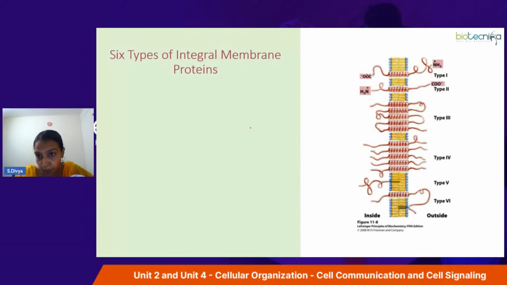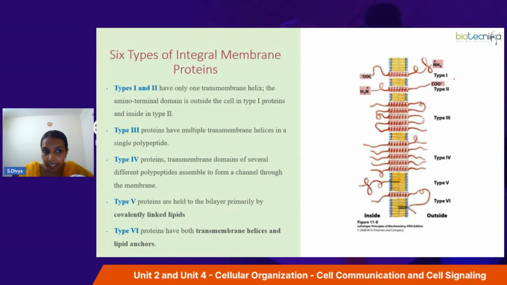If you look at this image, it is based upon the orientation of the protein. Type 1 is basically the one whose N terminus is exposed to the outside. Can anyone give me an example of a protein whose N terminus will be outside?